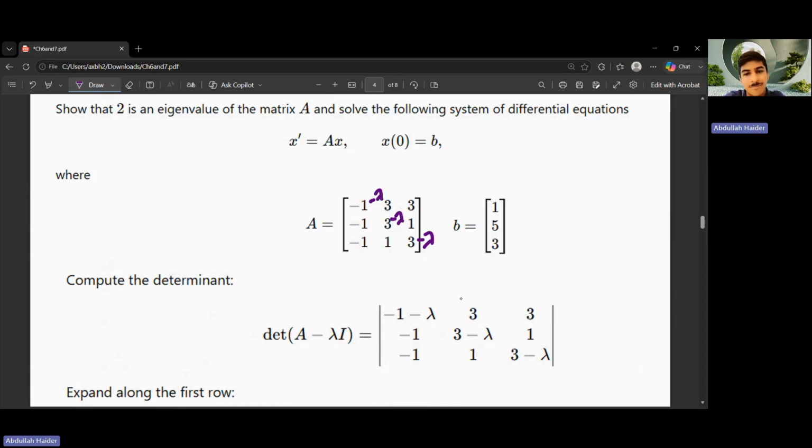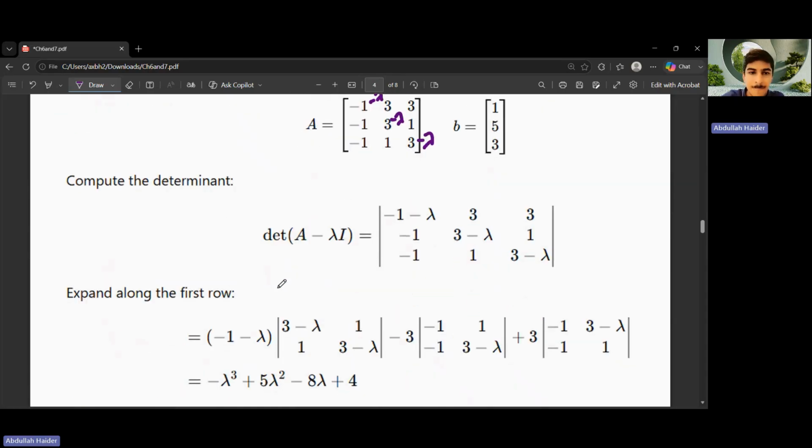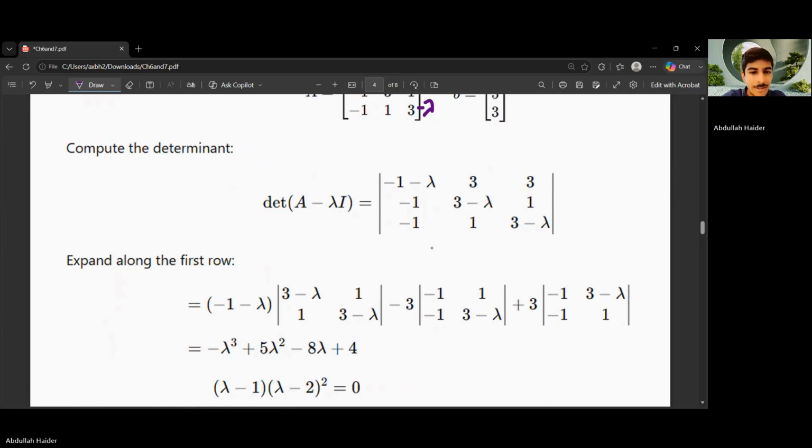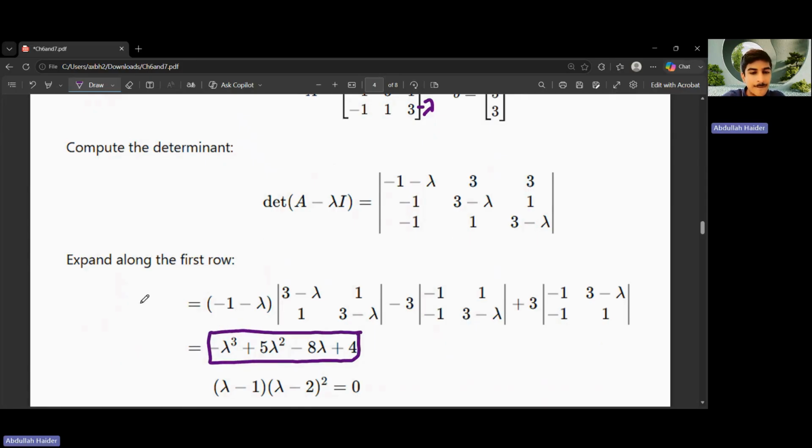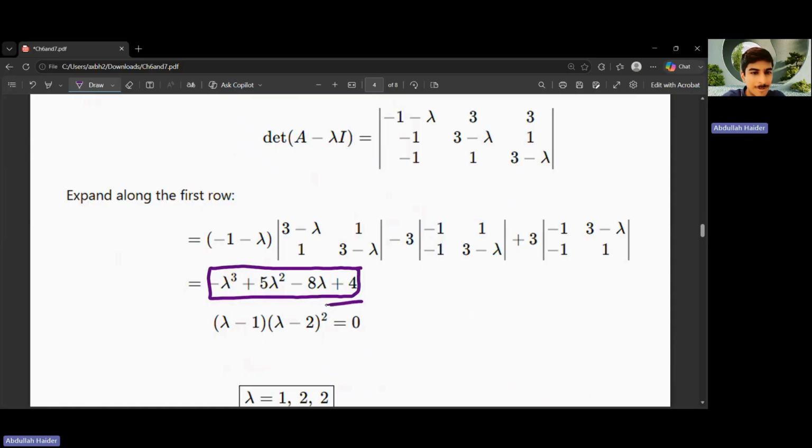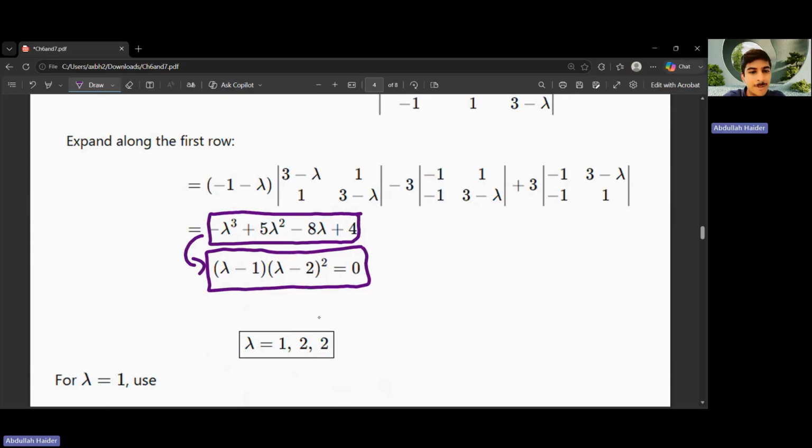You do all this and you find the determinant of this exactly how I did, using the minors. You get this equation, and you can also simplify this into this, and you get lambda equals 1 and 2, 2.